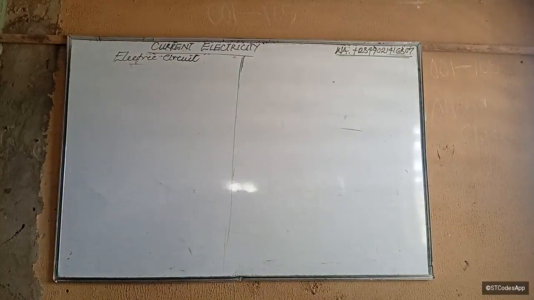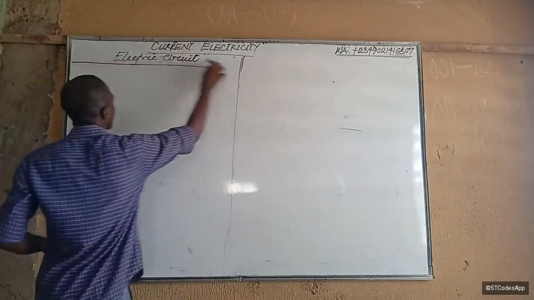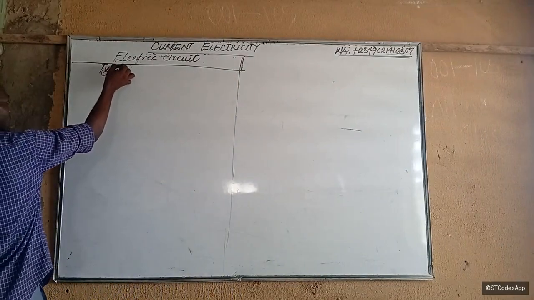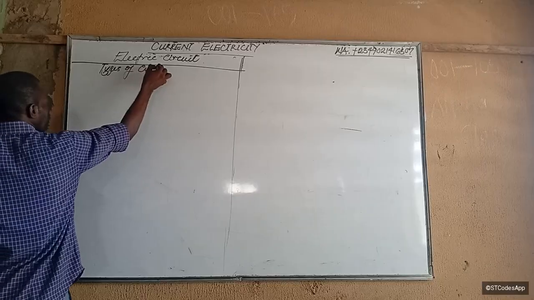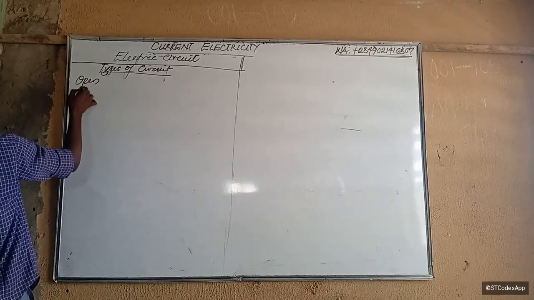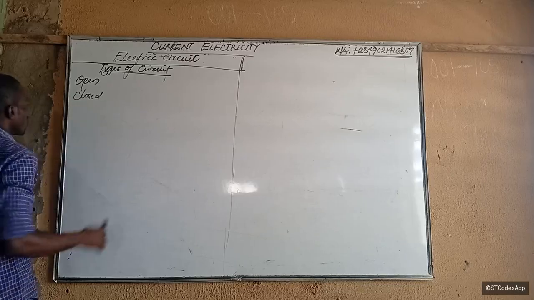So, okay. Let's talk about types of circuit. I didn't cover that because it is very essential. We have the open circuit, the closed circuit, and the short circuit.